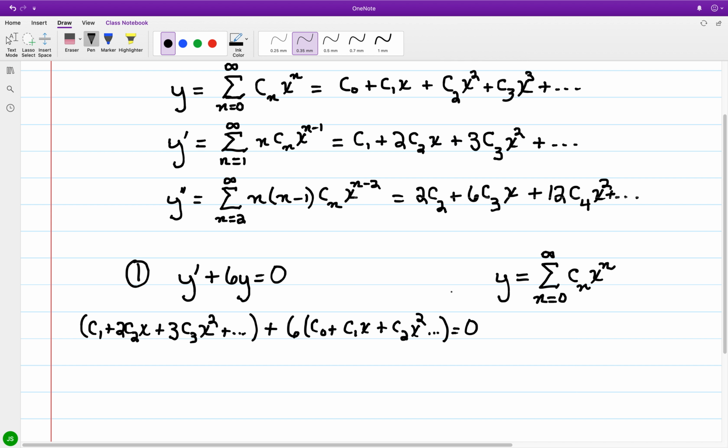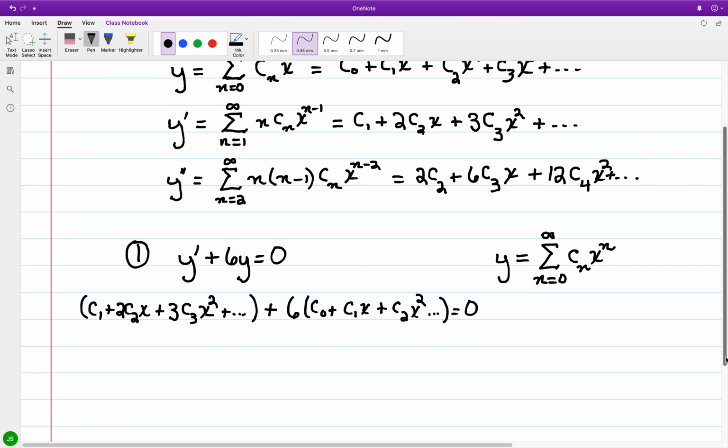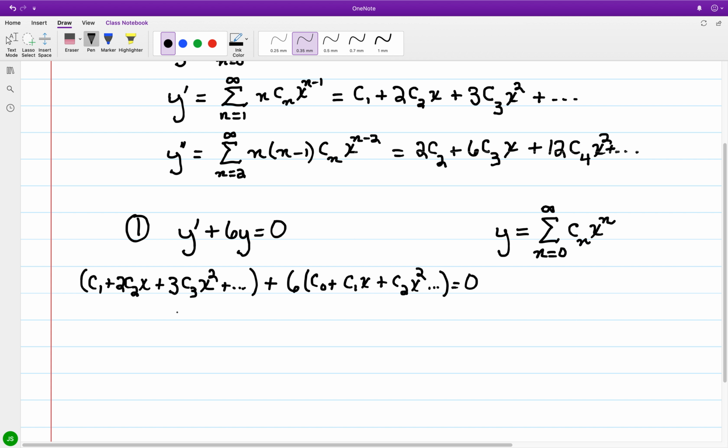is equal to 0. Putting our terms in increasing degree order, with the constants we have c1 plus 6c naught, which is equal to 0.